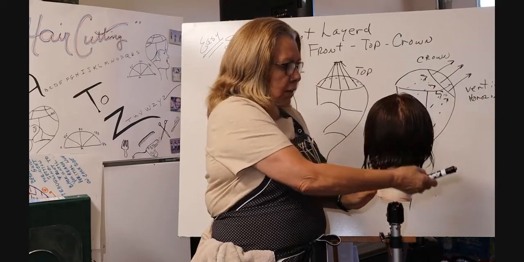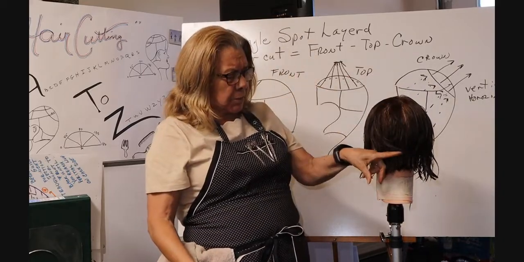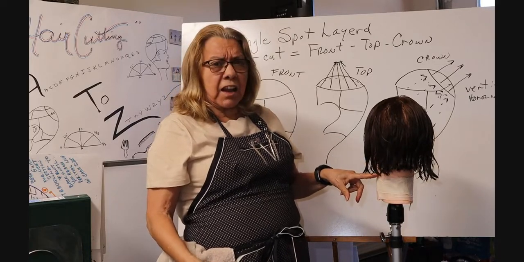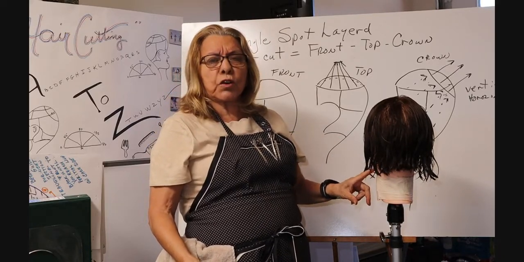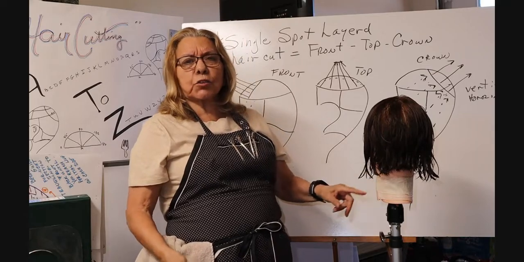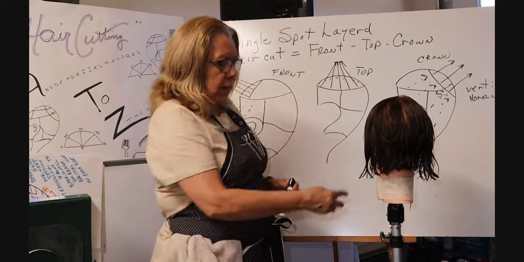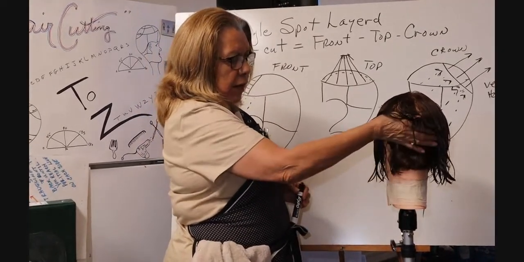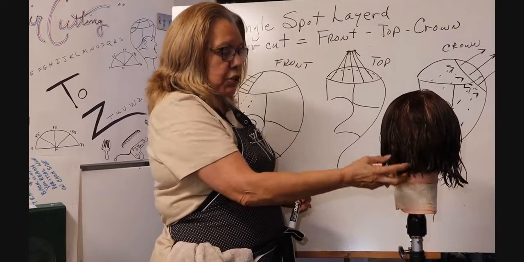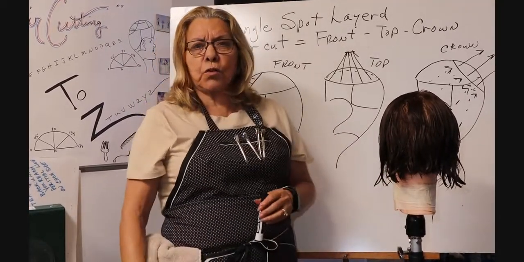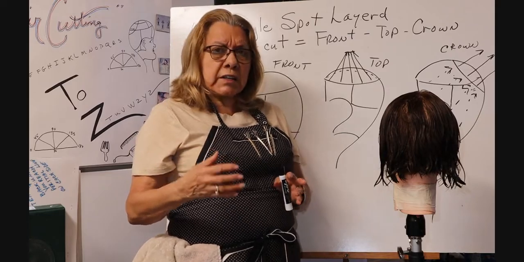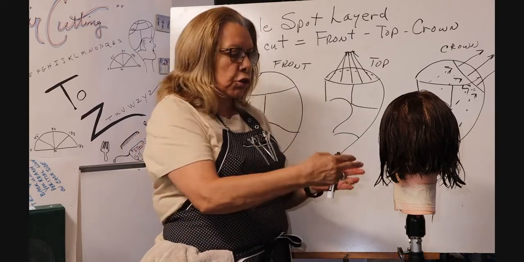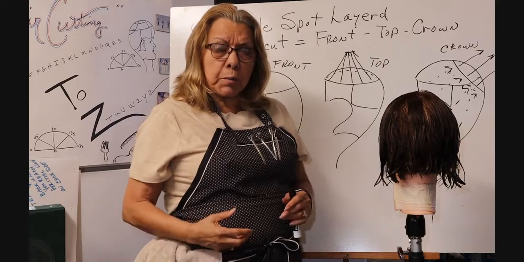They had a slight A-line, and guess what? I could see the little corners. Someone did not take those corners off the nape line. When she would turn her head, I could see them. Those are details that I'm teaching you to look for.